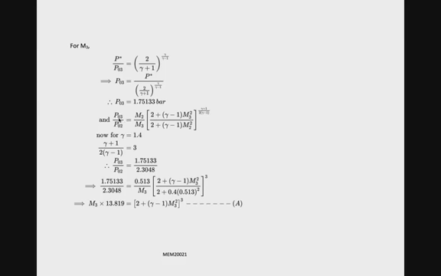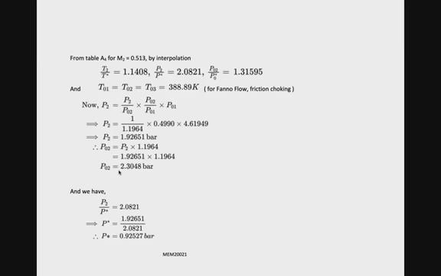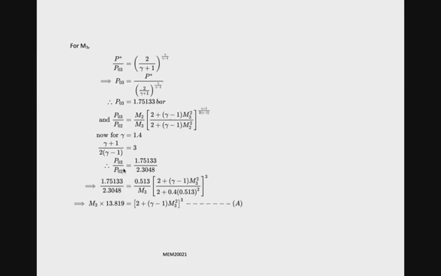Since we already have the values of P naught 3, 1.75, and P naught 2, 2.30, we can equate this with the right hand side of this equation.